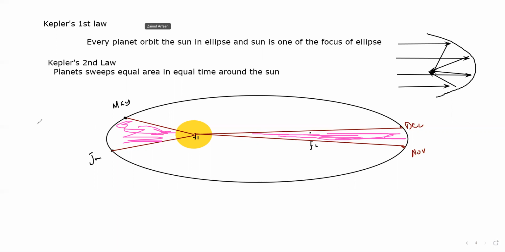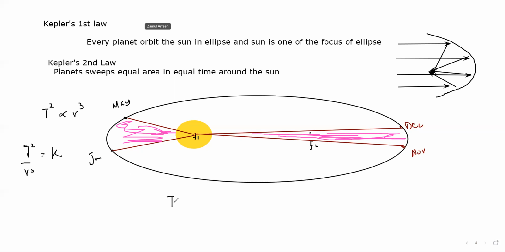And about the third law, we already derived that T squared is proportional to r cubed, because both have the same areas. When I find a relation, for example, T squared divided by r cubed will be equal to a constant.